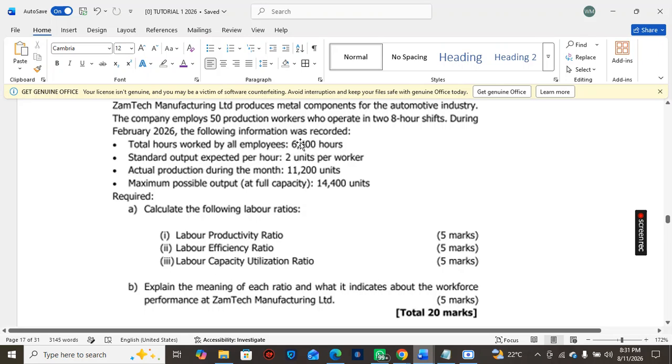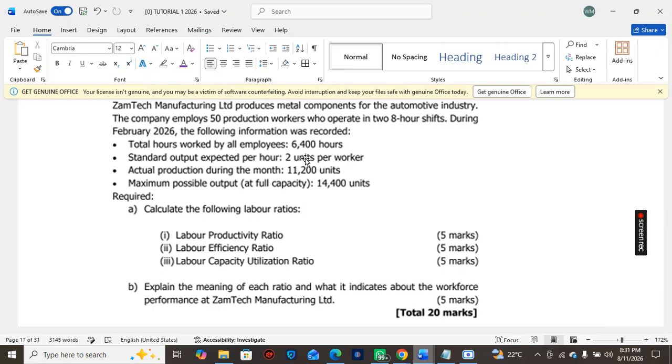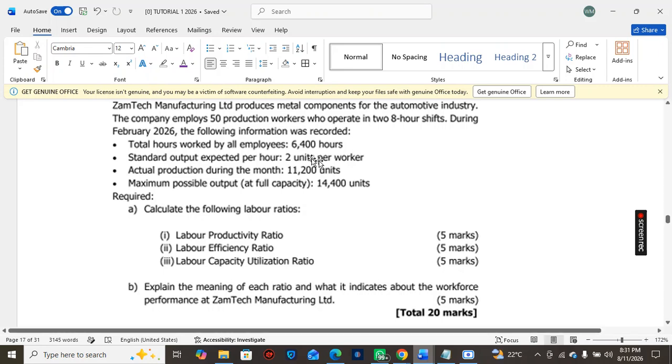So if these workers worked for 6,400 hours, and the standard output is 2 units per hour, how much should they have produced? If they were making 2 units per hour and worked 6,400 hours, what did we expect the number of units to be?